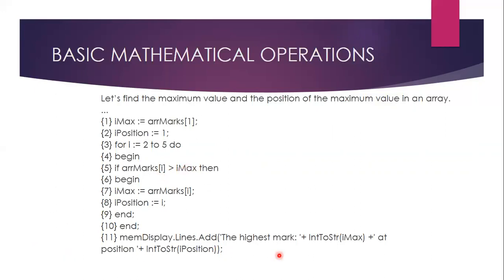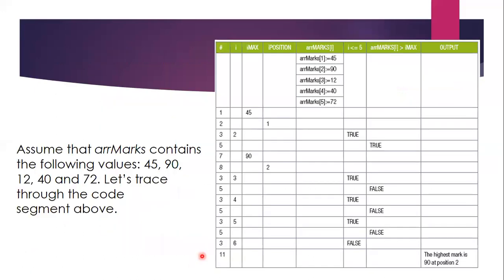Then you will display it using a memo, and you are quite acquainted with that already. So let's read here. Step 1, I define I max as 45. I've said that I position has the value 1.